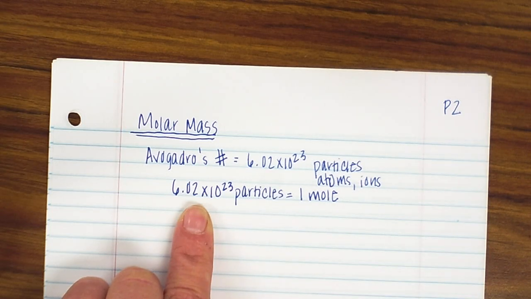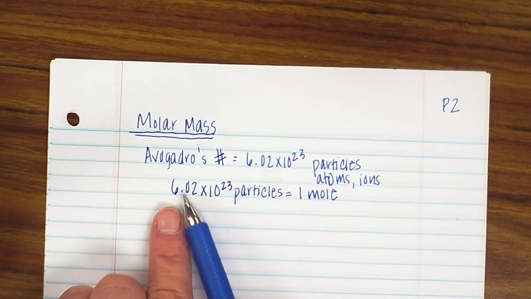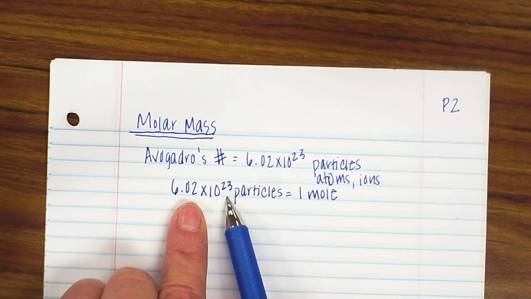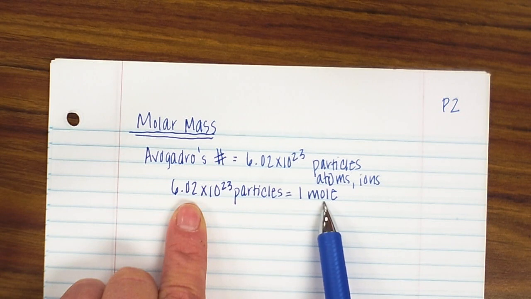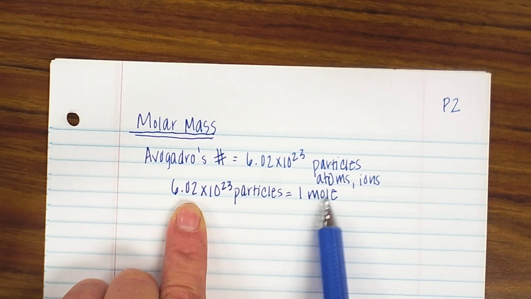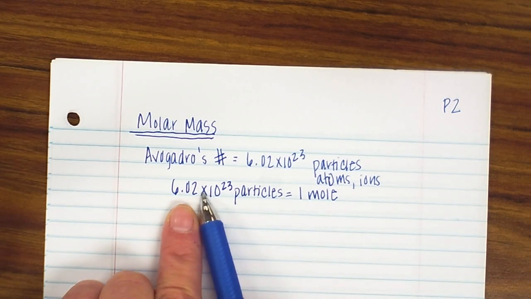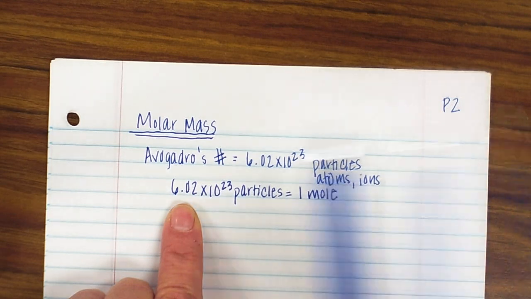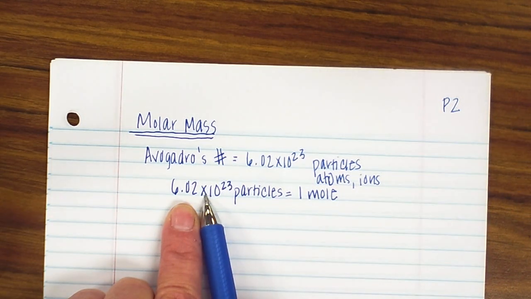Does that make sense? So I would never say 6.02 times 10 to the 23rd moles is equal to 1 particle. No, I would never do that, because this number equals this word.